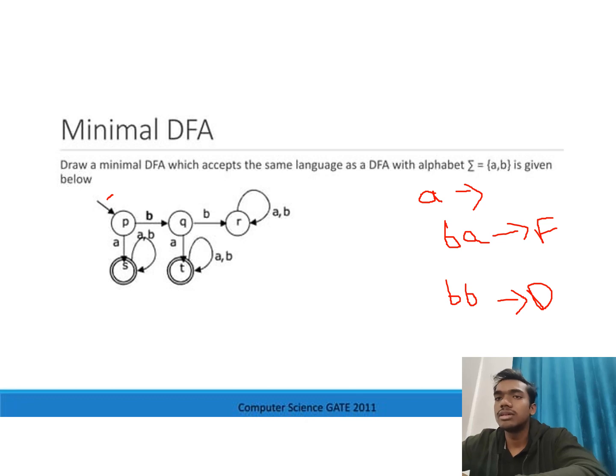If two consecutive B, so B, A, no problem. Here A is coming directly, then again directly going to the final state. Okay. So let's just try to make it. So basically, if B is coming, okay. So let's just try to make it, and let me show you and explain it directly with the solution.